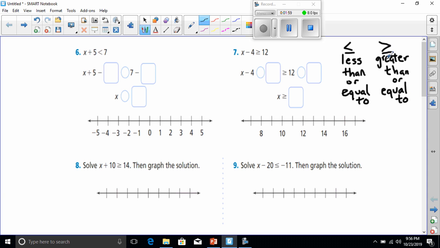And quite the opposite, whatever is on this side is greater than or equal to whatever is on this side. Now that we've got the fundamentals done, let's go and solve these problems.